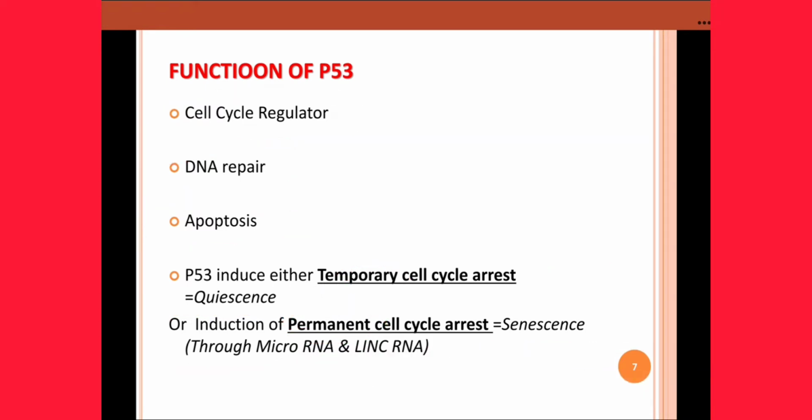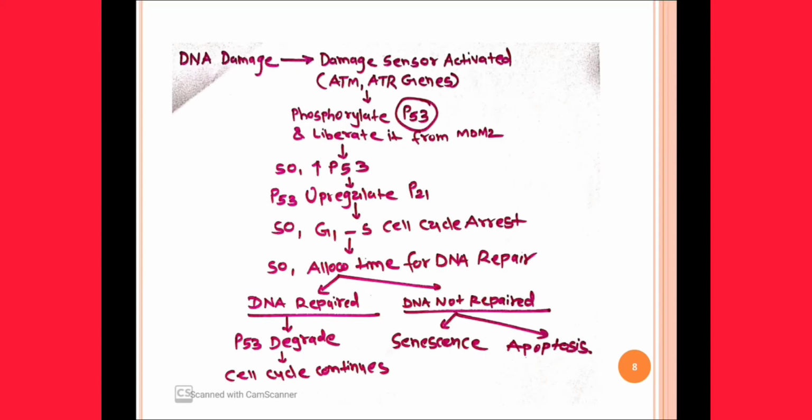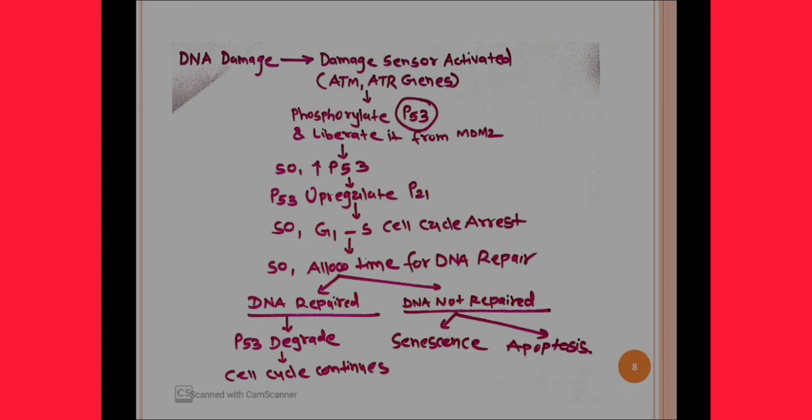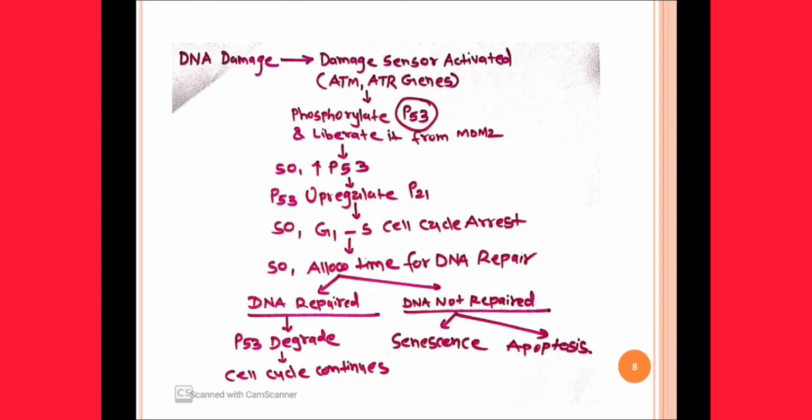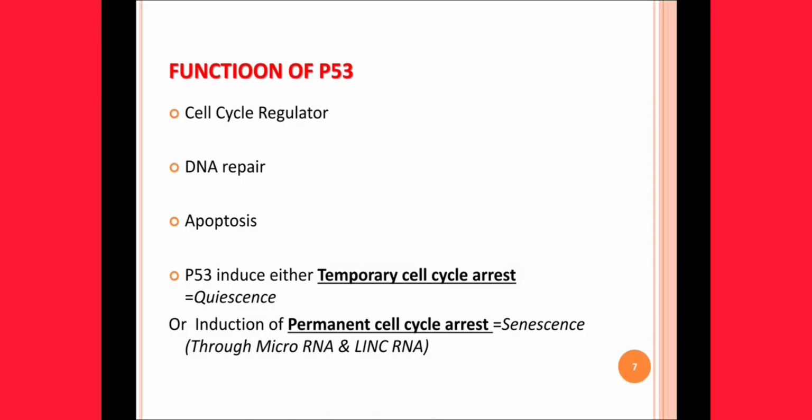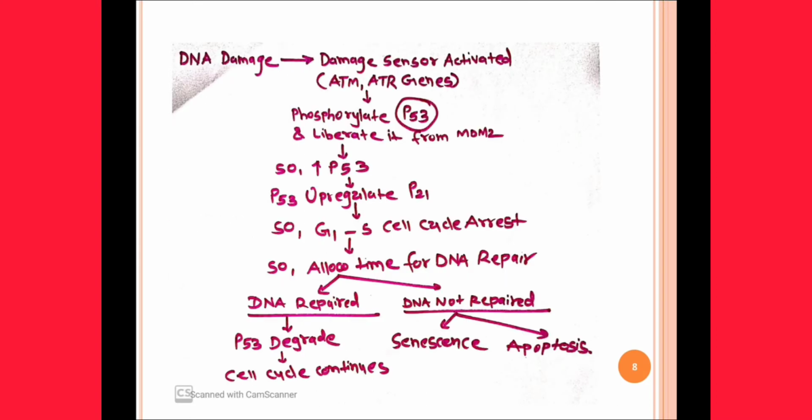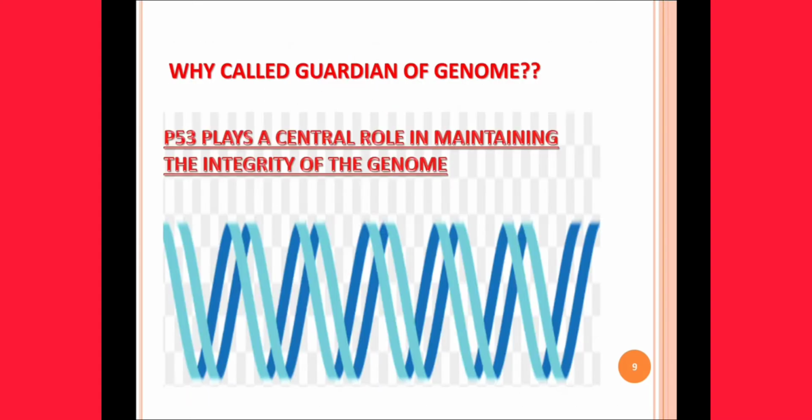Now I will show you in the figure how P53 gets activated when you have DNA damage. So guys, now I will explain the function in detail. Then you can understand how cancer happens if P53 is inactivated.